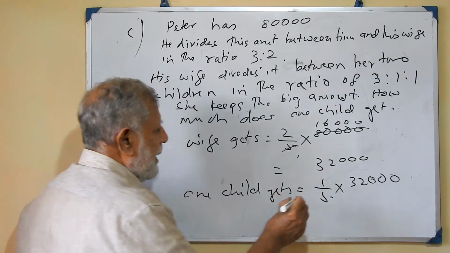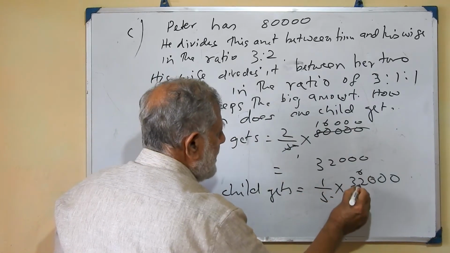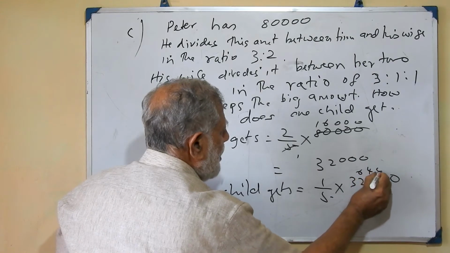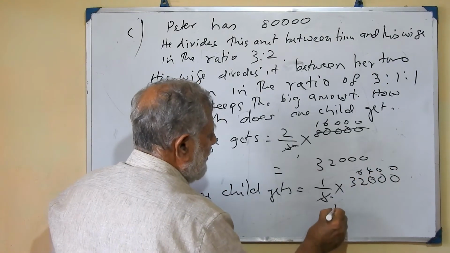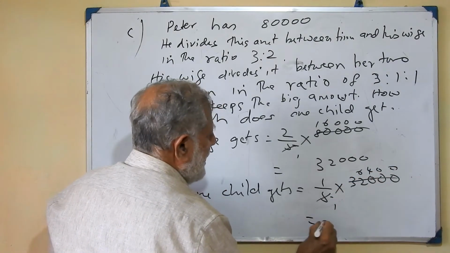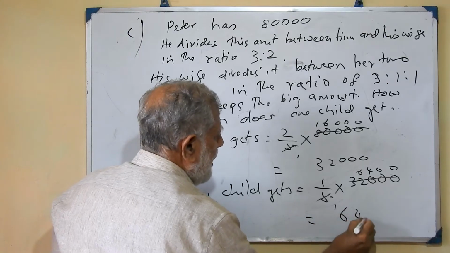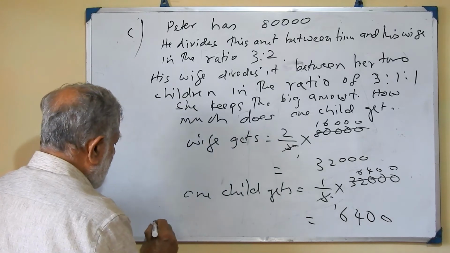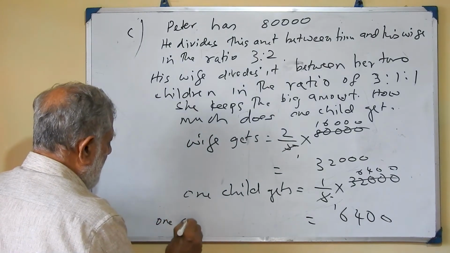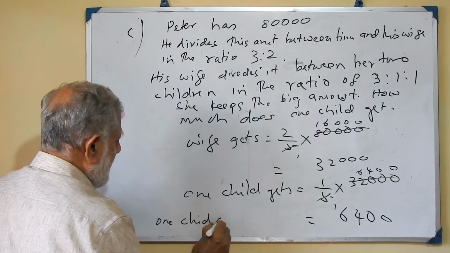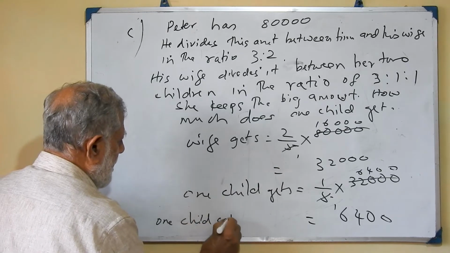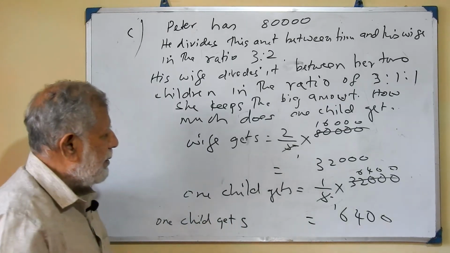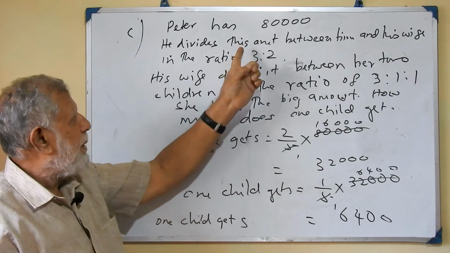So we cancel here: 5 times 6 is 30, 4 times 1. So the answer is 6,400. So one child gets 6,400. Now we'll go through that sum again.